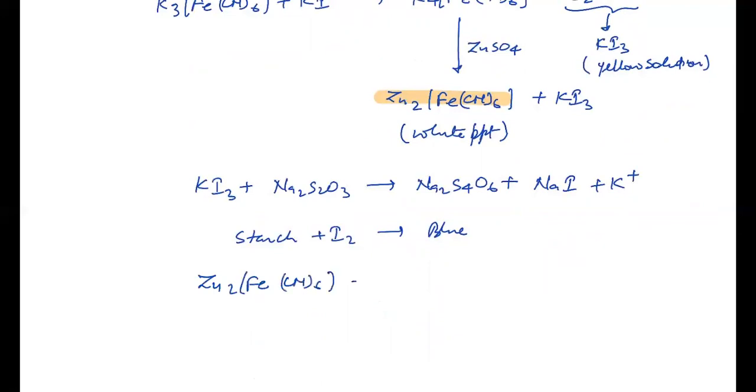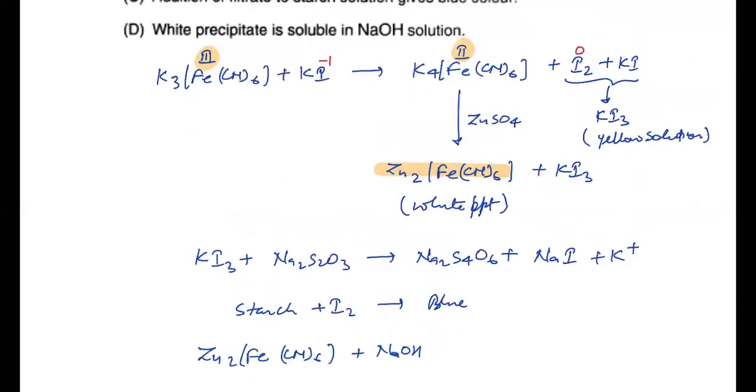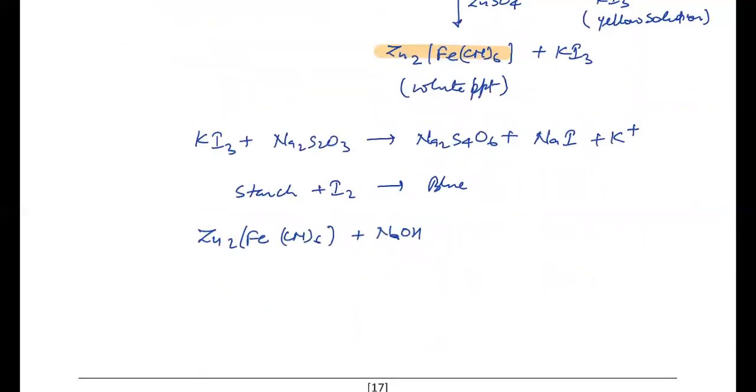If you treat it with excess of NaOH, it will form Na4[Fe(CN)6] plus Na2ZnO2, sodium zincate. If you balance it, it is not 6 NaOH, it's 8 basically.